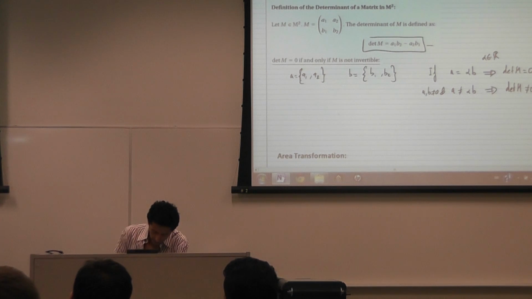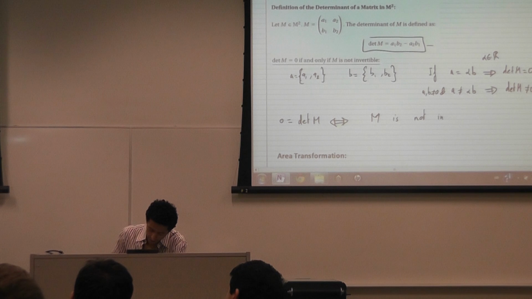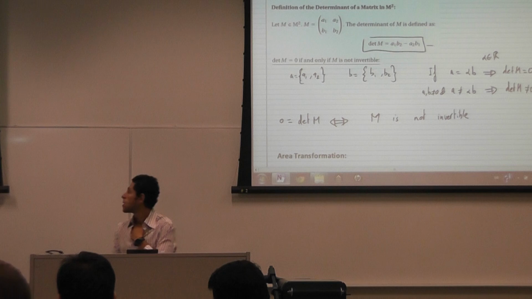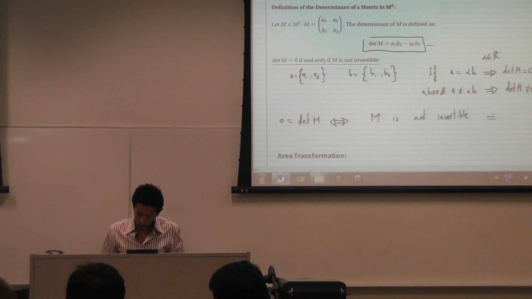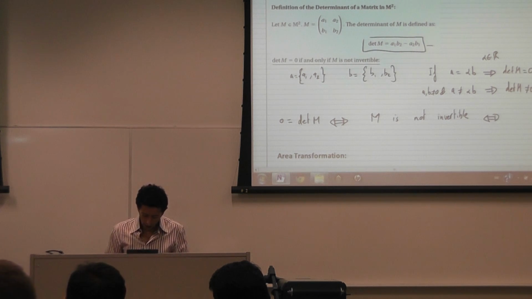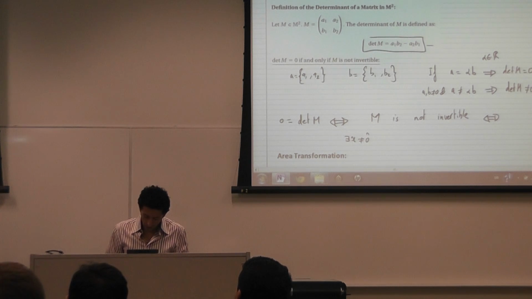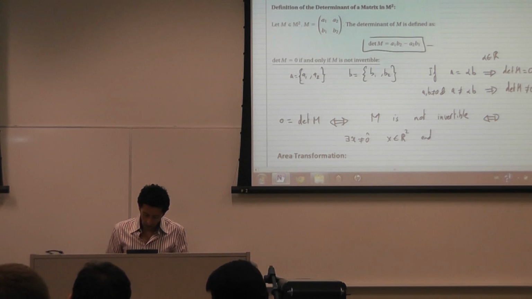The determinant being 0 is equivalent to saying that M is not invertible, which is equivalent to saying that there exists x which is not equal to the 0 vector, x is in R2, and Mx is equal to the 0 vector.